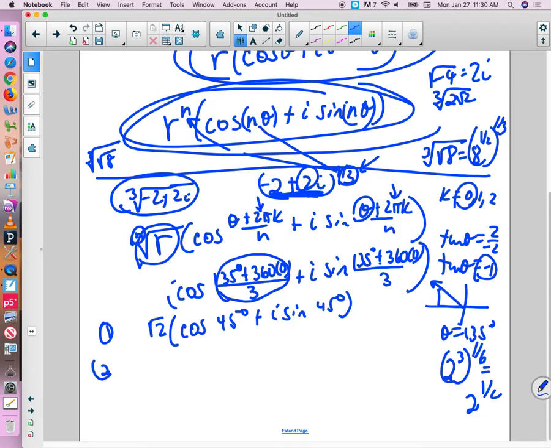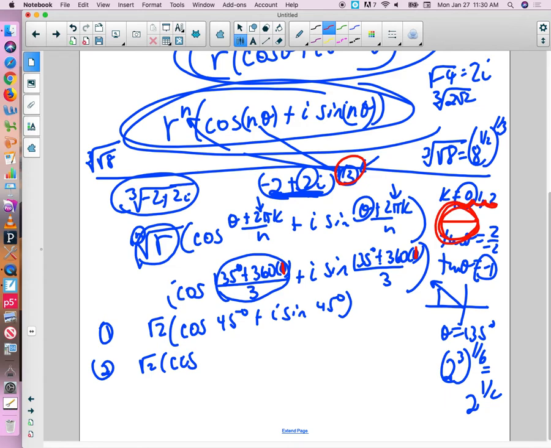All right, now I have a second answer. So I have root 2 times the cosine, and now I go around 360 degrees another time. If it's to the 1/3 power, you go out 1, 2, 3, starting at 0 and then go 2 more. So what you're doing is you're finding your answer, rotating around, and rotating around. And I'll show you what happens in the end.